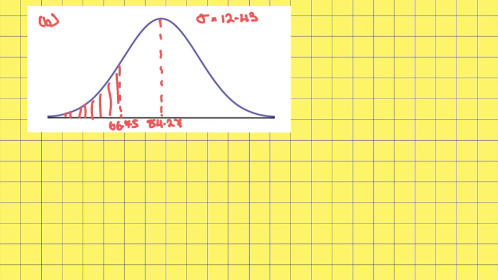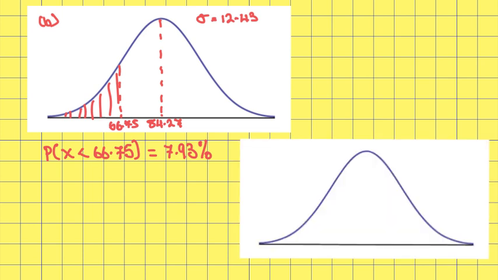When I've done it on the calculator, I get the probability that x is less than 66.75 is equal to 7.93%.